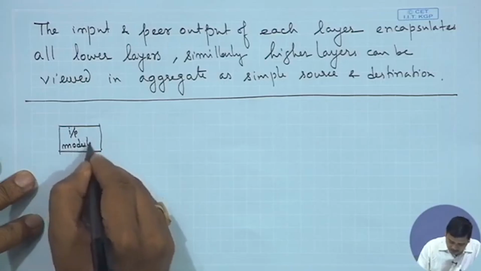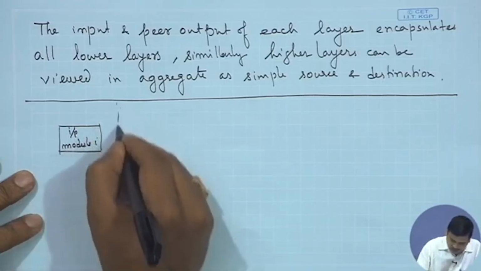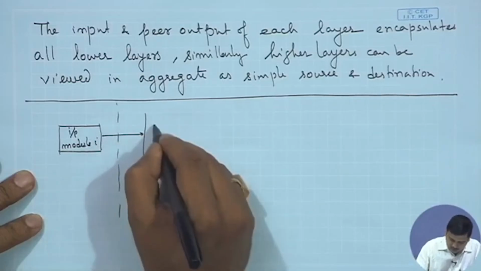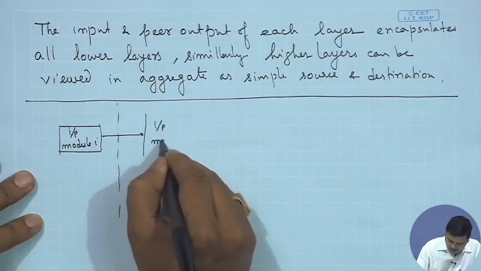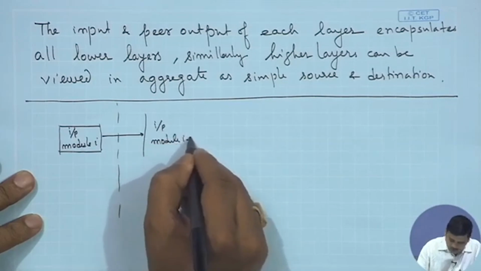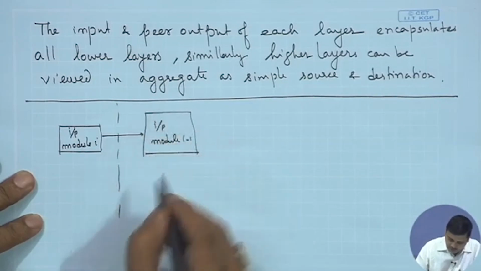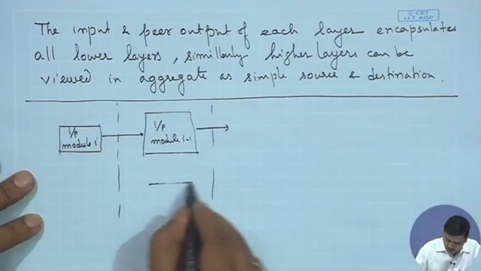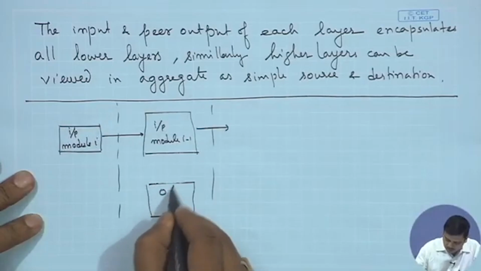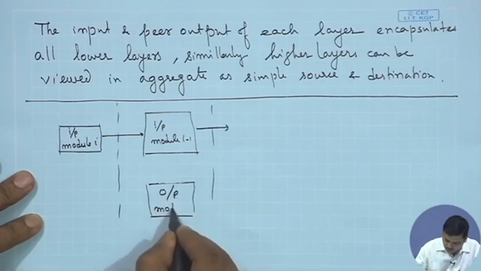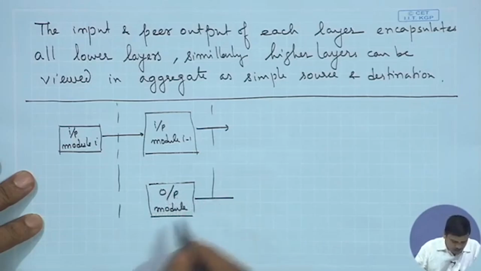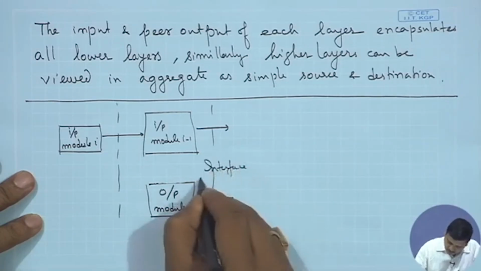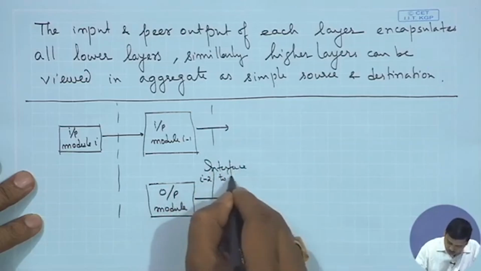we complete it. This is module I, this is the input, this is the interface, this is input module I minus 1, this is a very generic picture, and there is an interface and so on, it continues. This is the output module, and this is the interface from I minus 2 to I minus 1.